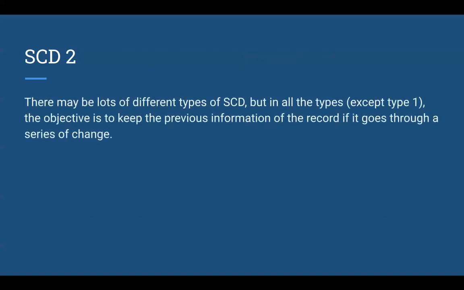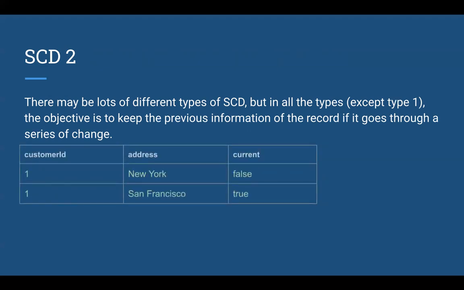There is lots of debate around how many types of SCD there are. Let's not go into the types of SCD. All we have to focus on is that, apart from type 1, every SCD type has an objective of keeping the previous historical information. So an SCD type 2 may look like this, where we have one customer ID and we have all the addresses for the customer in different rows.